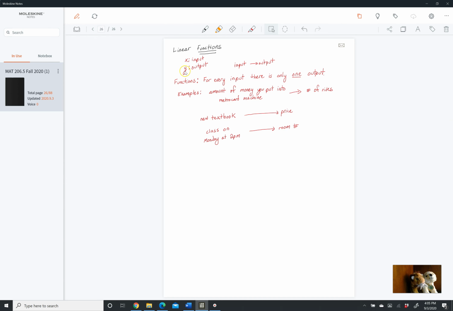Okay, there are other ways that we write functions, okay? This is kind of like what you see in the world around you, but then we also have these mathematical ways. So a relation is any input to output. So if we have an input to an output, this we call a relation.